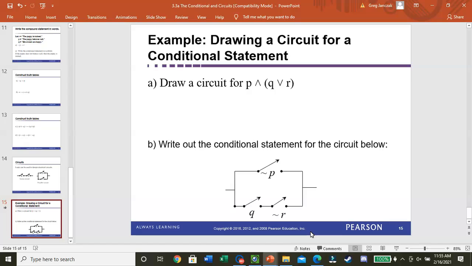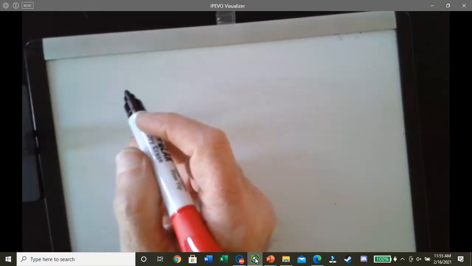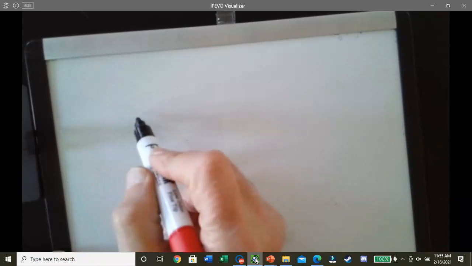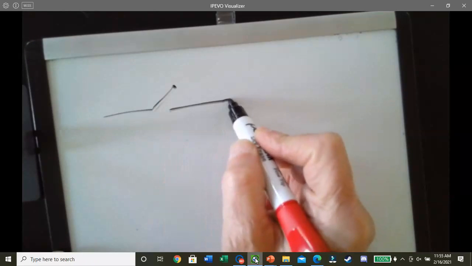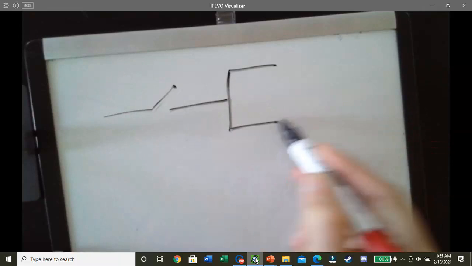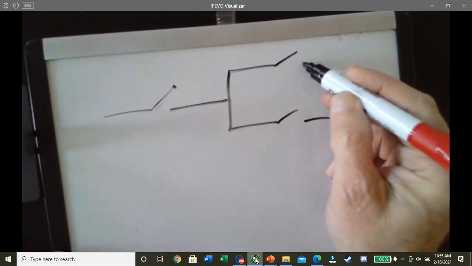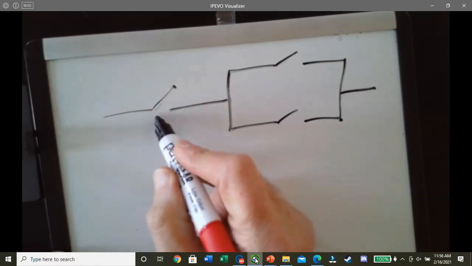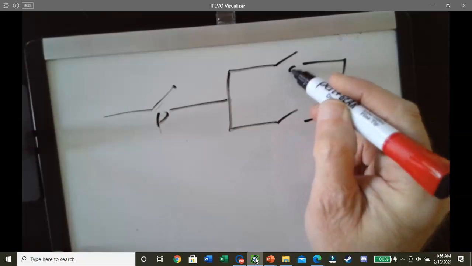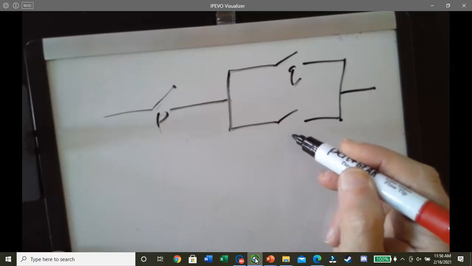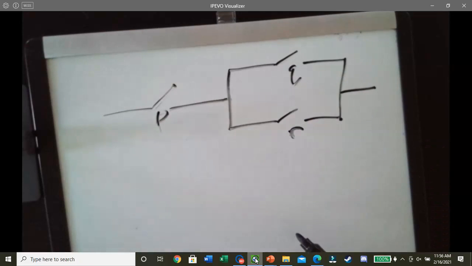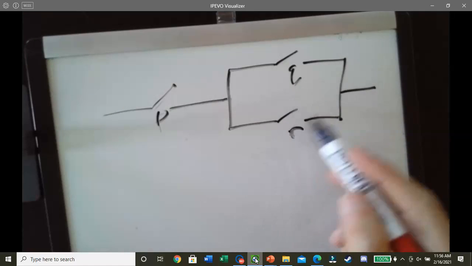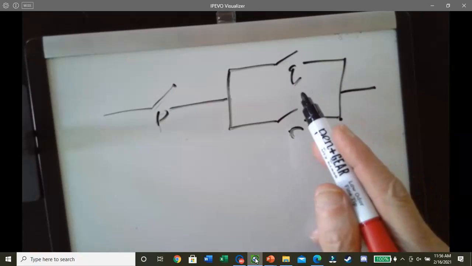So let's look at the board. If we have this, and this is P, and this is Q, and this is R. I always like to do the parallel first.